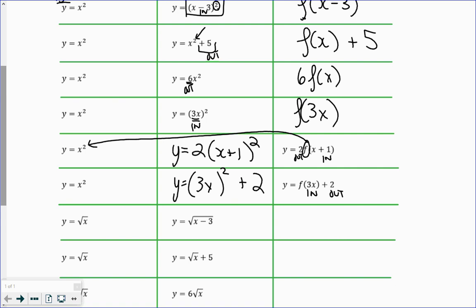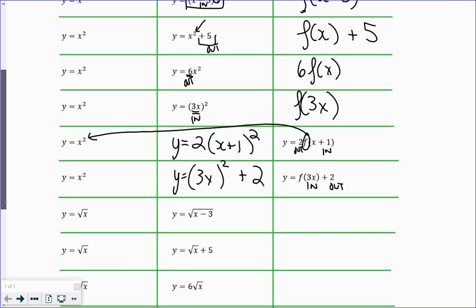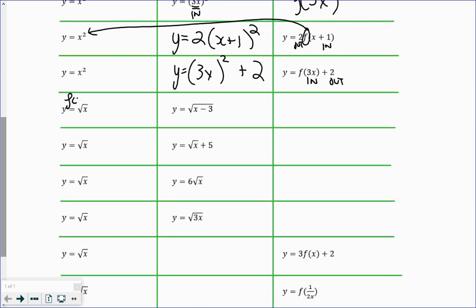Okay, so let's do the same thing again now, but this time we'll do it with the square root. So again, this is my original f of x. So this is all inside the square root sign. So when I write it in function notation, I have to write the x minus 3 inside the function. Whereas on this one, the plus 5 is outside the function.